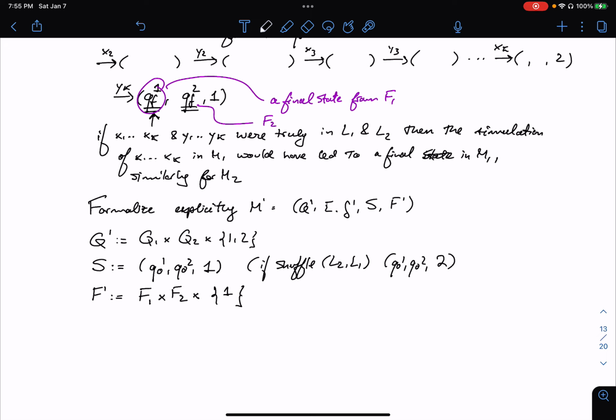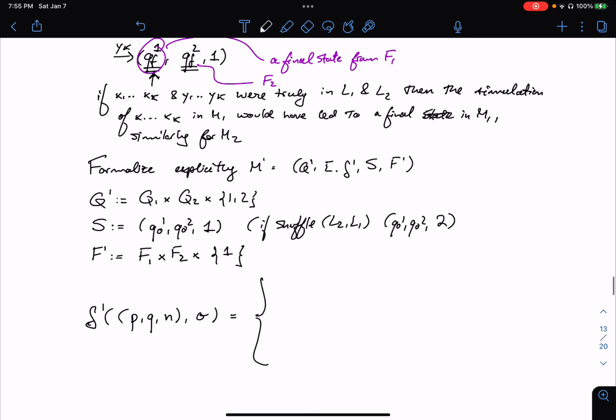Now the most complicated thing to write down is the transition function. So the transition function takes a 3 tuple, let's say P, Q, and then let's say N, okay? And then suppose I'm reading the letter sigma, okay?